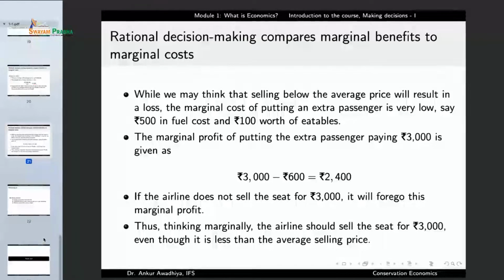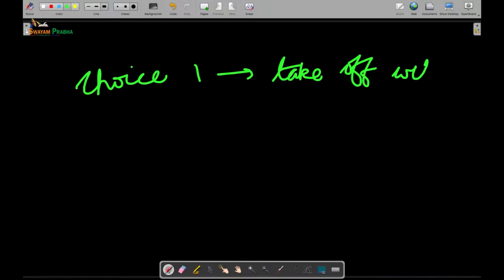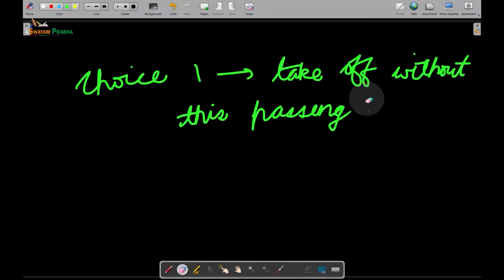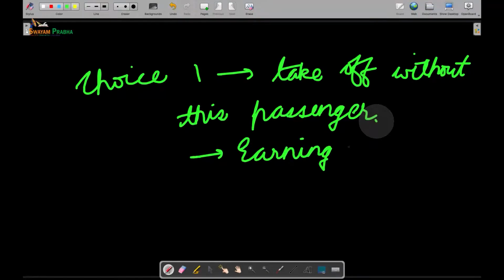So we have choice one, that is take off without this passenger. And in this case, the earning is rupees zero, because in any case, the flight is going to take off.